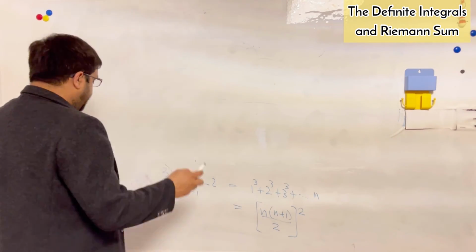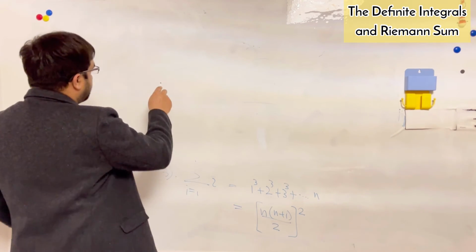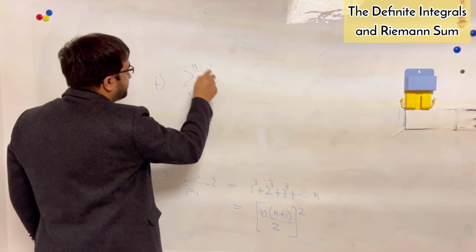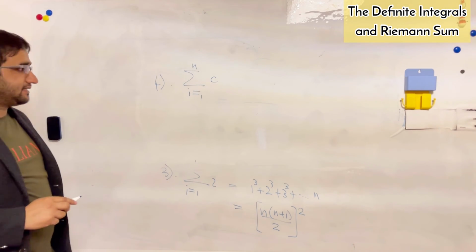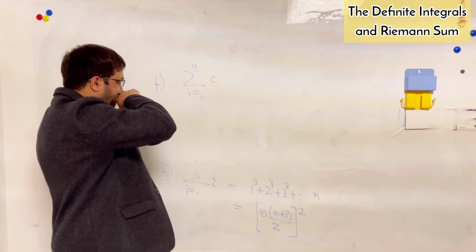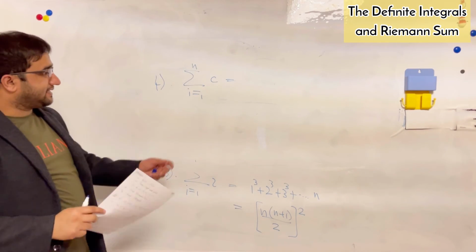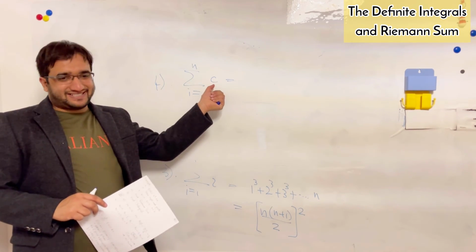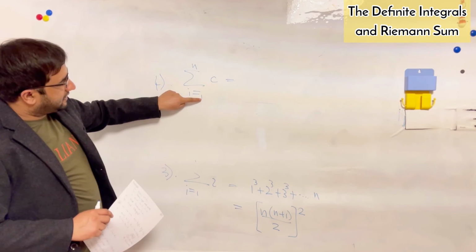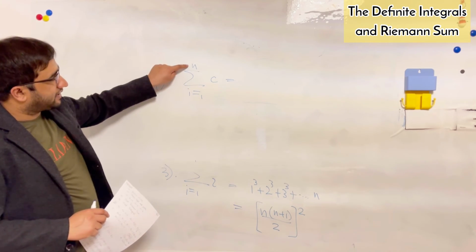And if you have summation i from 1 to n of c, things like this, then it simply means that you are adding this c n times together, because you have this summation n times: 1, 2, 3, 4 up to n.